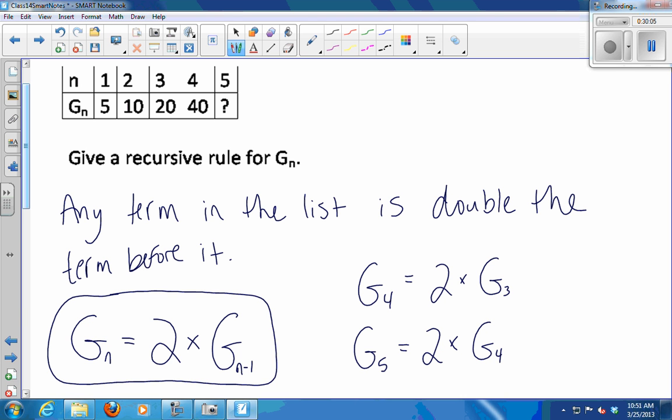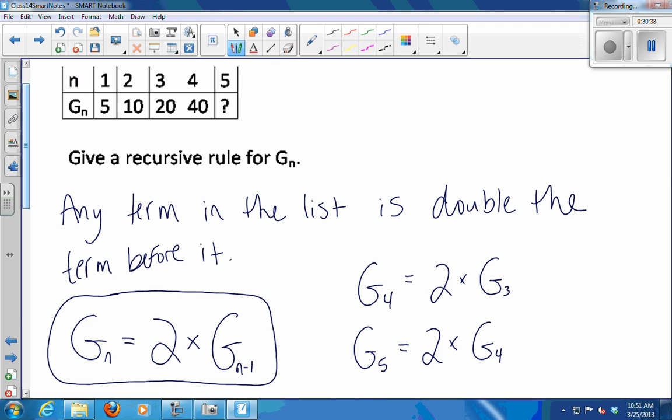Yes, that's where the n-1 comes from. G2 would be 2 times G1. Yes, good summary.